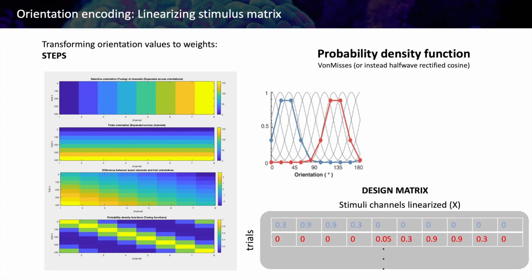We are using degrees, so that means that a 90 degrees orientation is the same as a 270 degrees orientation, or 0 degrees is the same as 180 degrees. Okay, so in circular space we can use the von Mises distribution, or we can use the half-wave rectified cosine.